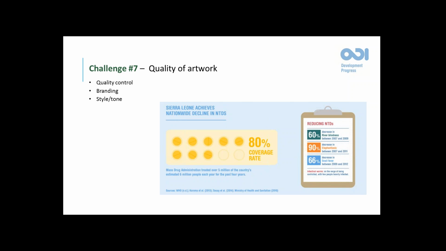So the left-hand infographic, the pill packet, showcases how the country has managed to treat over 5 million of the country's 6 million inhabitants every year for the past 4 years for the country's most prevalent neglected tropical diseases. And the clipboard on the right shows some of the impacts that treatment has had. So you can see that elephantiasis declined between 2007 and 2011 by a huge 90%.